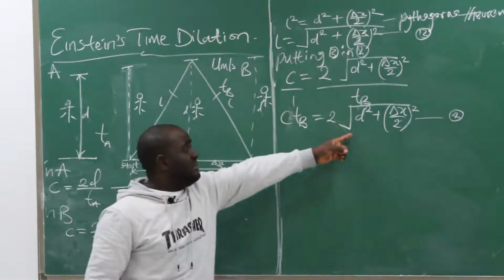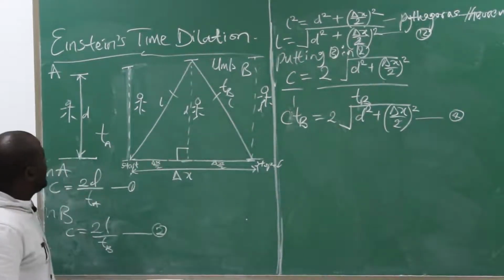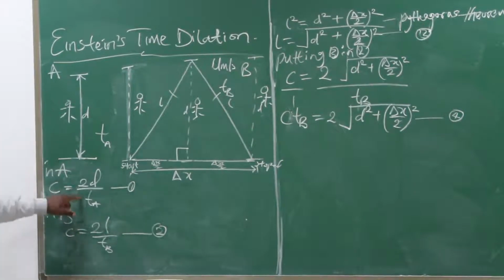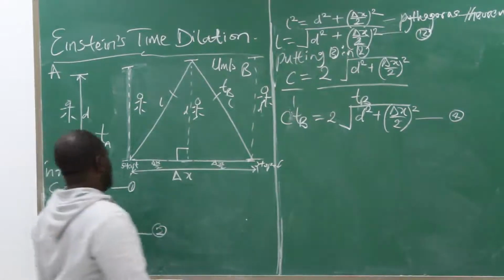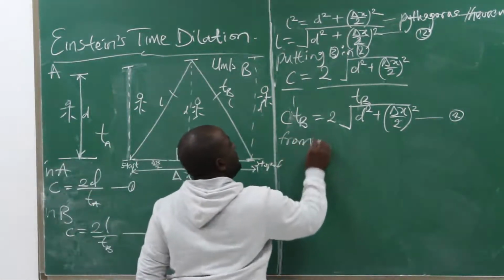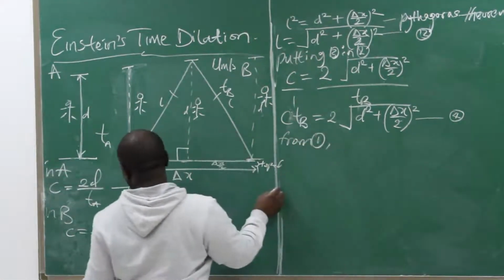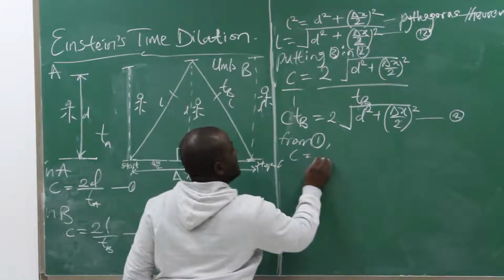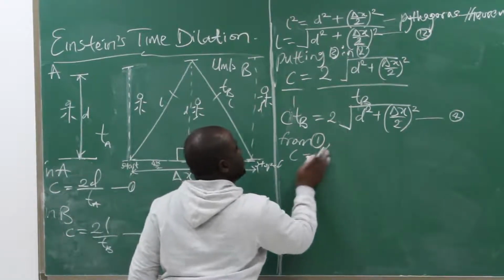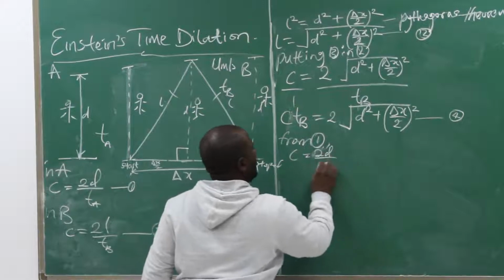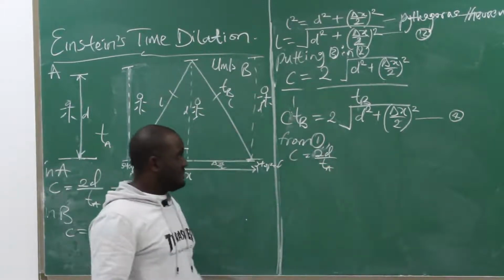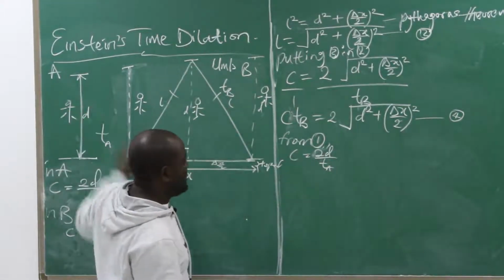This d here, can we do something with it? Yes. From here, we can solve for d from equation 1. We know that from equation 1, C is equal to 2d all over TA. That's the time this guy measured.